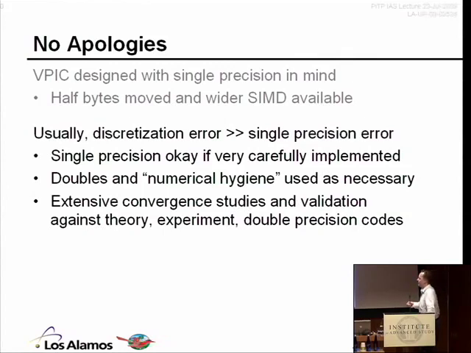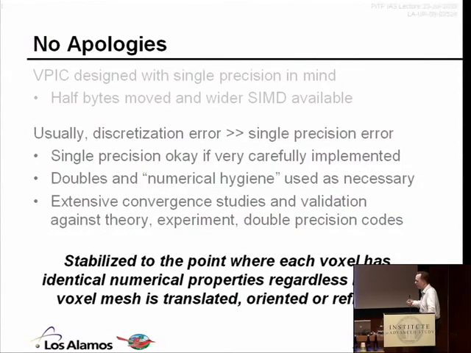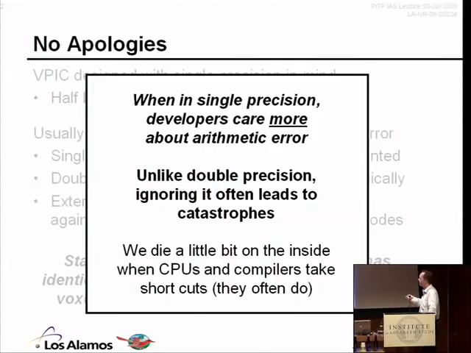And we've also done extensive convergence studies with theory, experiment, and other double precision codes. In fact, VPIC is stabilized to the point where each voxel has identical numerical properties regardless of how our voxel mesh is translated, oriented, or reflected in the global coordinate system. And so this, again, goes to nice symmetry properties and good numerics under the hood.